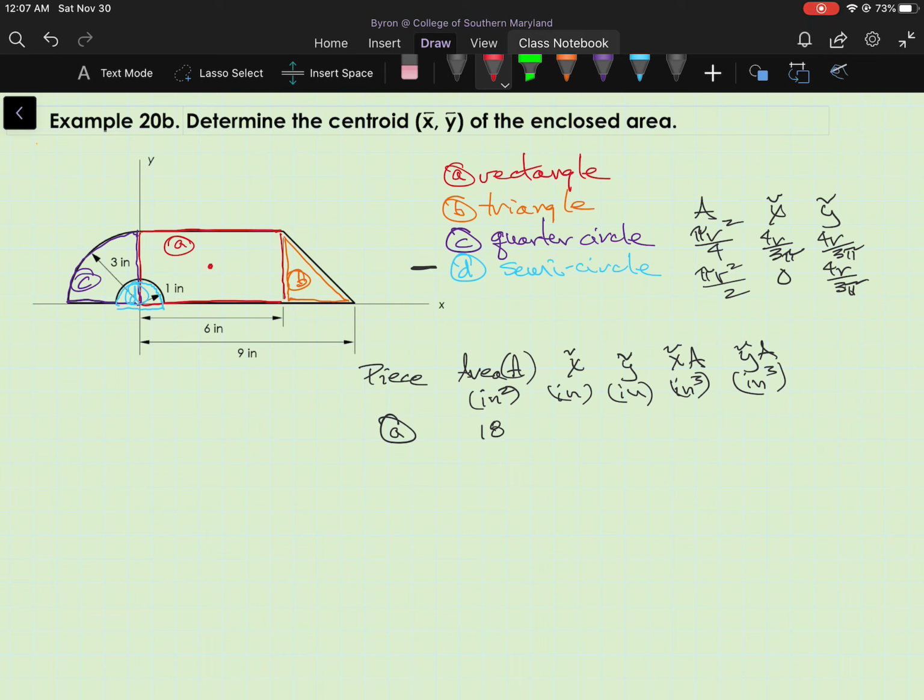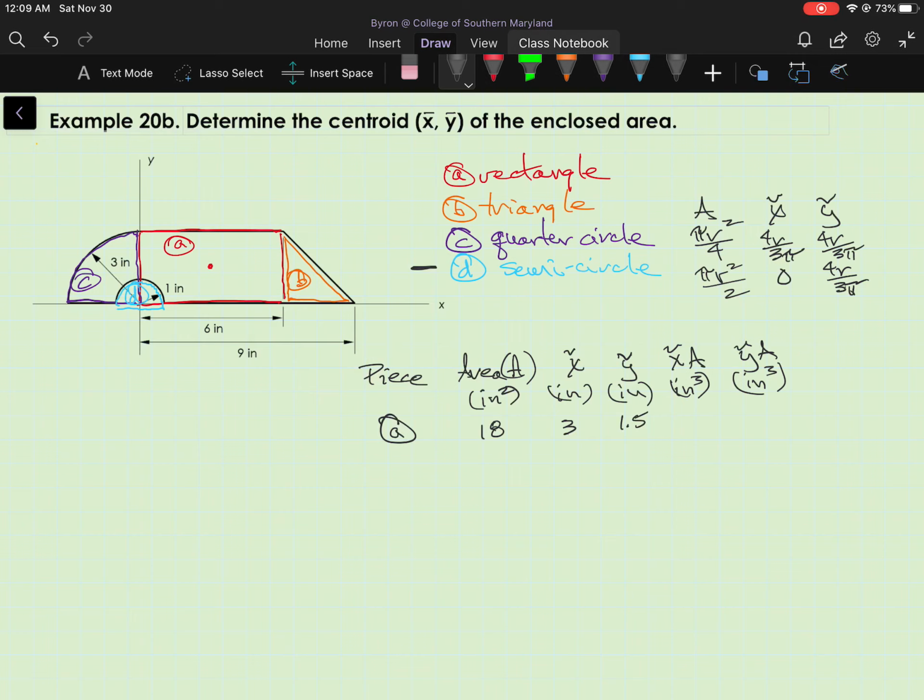So x tilde is going to be 3 in this case. And y tilde is going to be half the height, or 1.5. And again, since the base is on the x-axis, it's just the straight 1.5.